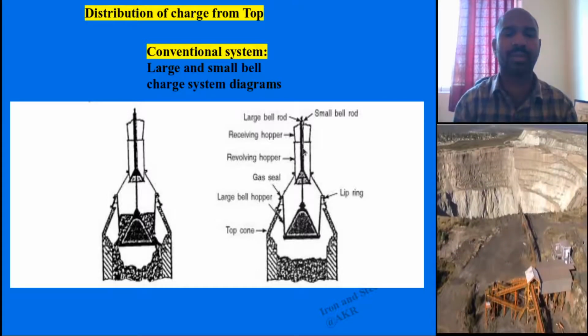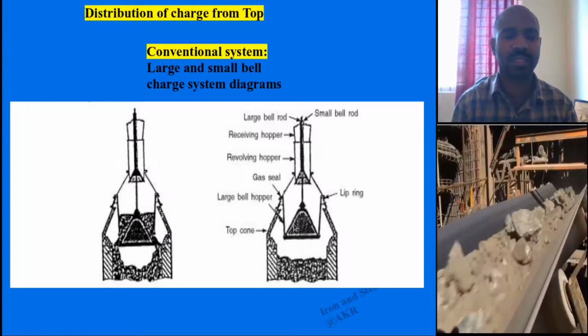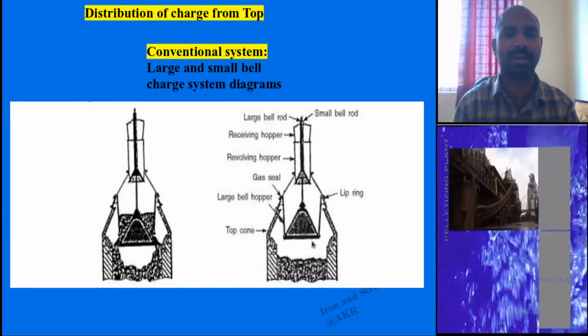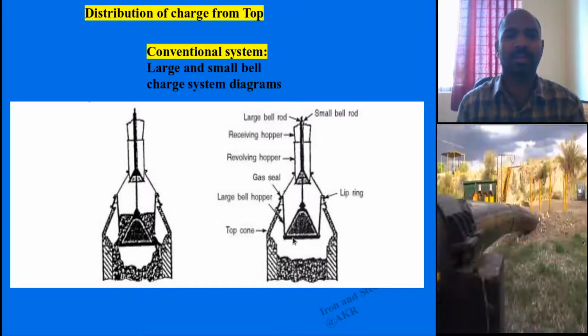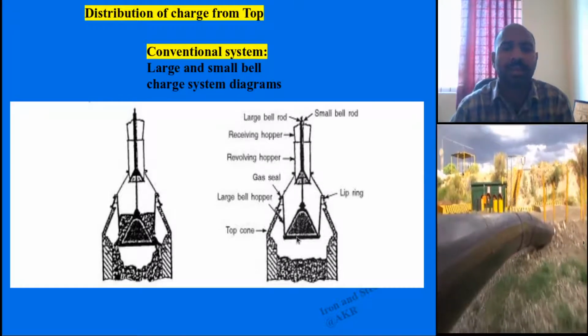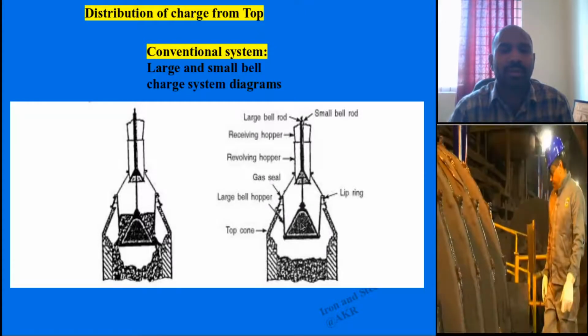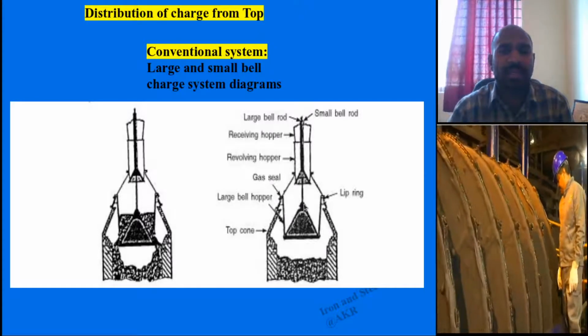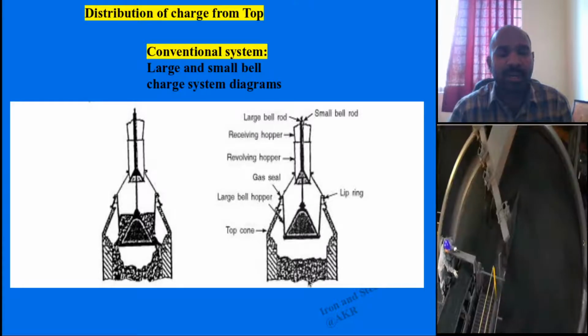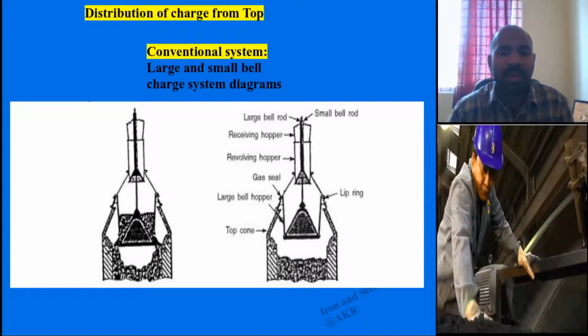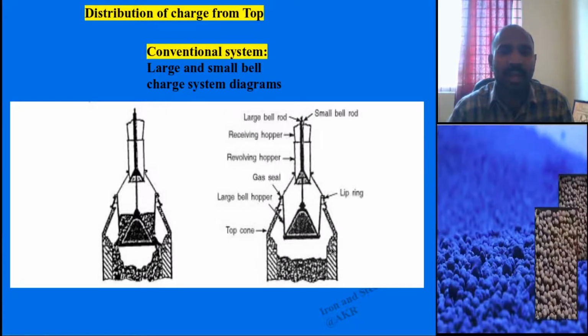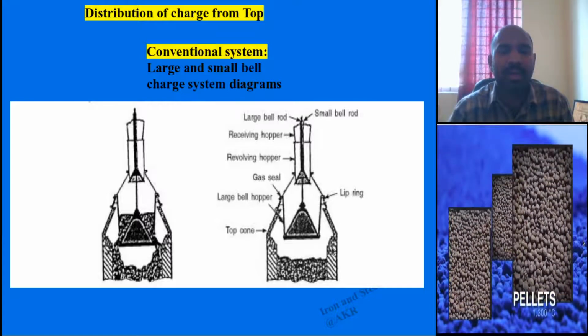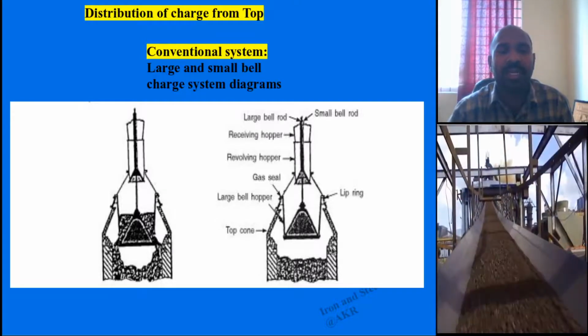After filling the large bell, the large bell cover is closed and then lowered, and the entire raw material falls into the blast furnace. In a similar manner, the blast furnace is filled completely up to the stock level.